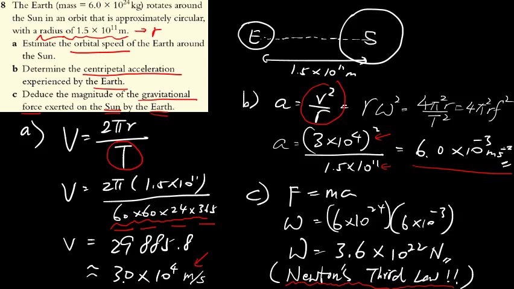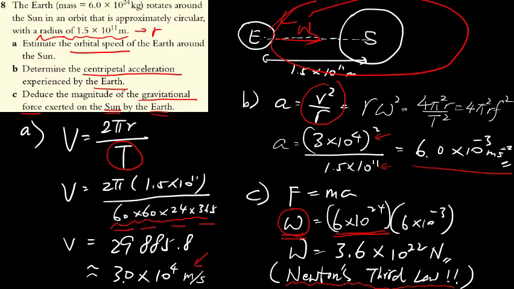And since you know that the way the Earth moves around the Sun is due to the weight attracted to the Sun, the weight here is actually acting on the Earth. But since we know about Newton's third law, the whole thing is legit. Therefore, you just use the mass of the Earth. You don't need the mass of the Sun. By using the centripetal acceleration you calculated previously, that would be the gravitational force on the Earth and also on the Sun by each other.